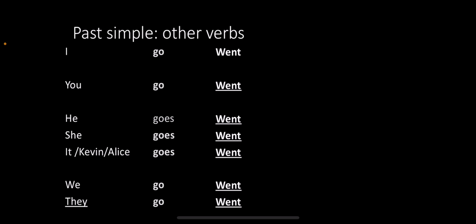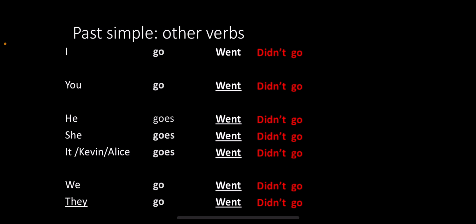For the negative, for the verbs, for go, play, read, watch, for the rest of the verbs, we need an auxiliary or a word that helps us convert the sentence in negative and in past. So we use did not, or didn't, the contraction, right?